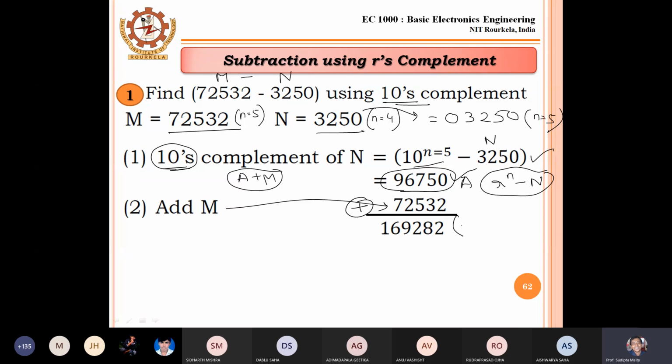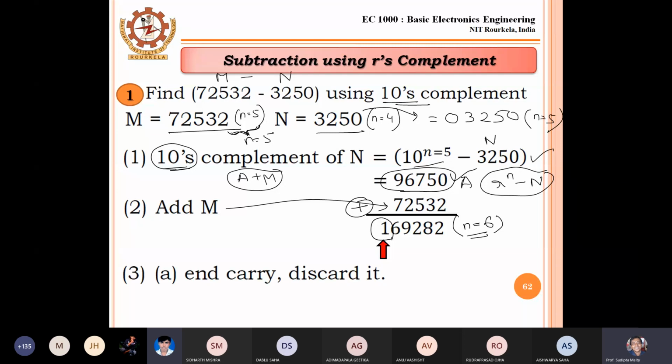How many bits? Six bits. In the original problem, how many bits were there? Five. So there is a carry bit, end carry. So if end carry occurs, I have to use 3A rule, not 3B.